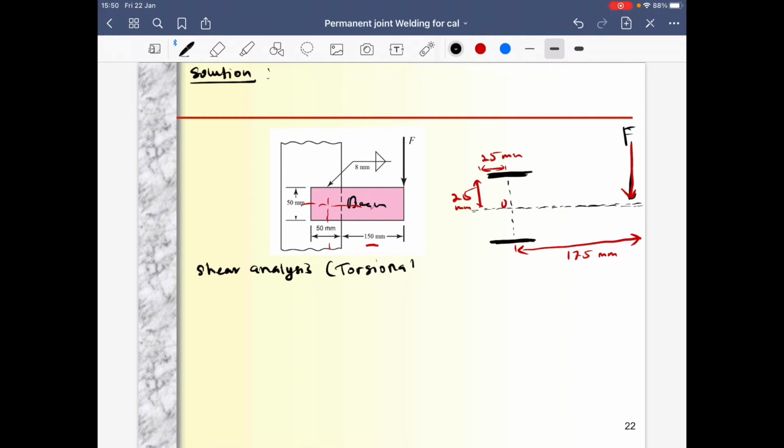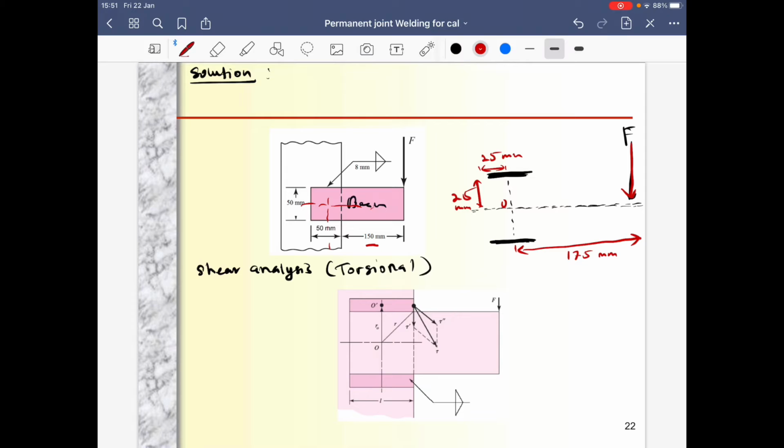Why, guys, is it torsional? Because if you look carefully in the slide I presented before, whenever we have a force that tries to bend a beam that has fillet welds like this, the shear stress that occurs in the fillet weld is not bending shear stress only, it is actually torsional stress.